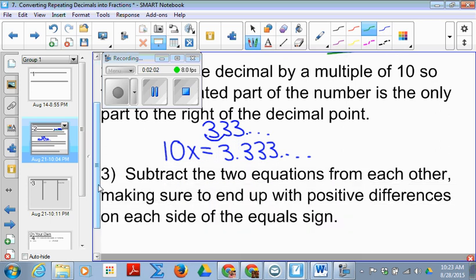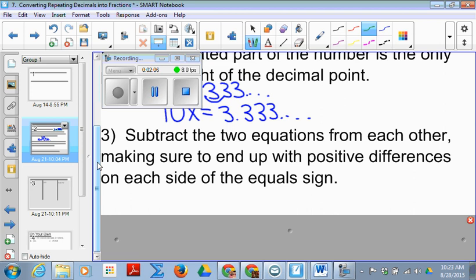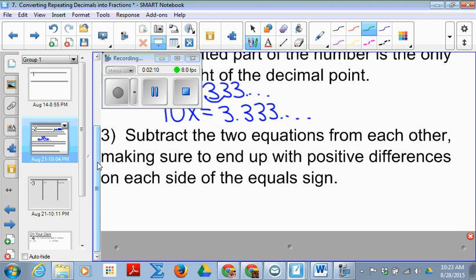Now we're going to subtract the two equations from each other. We're going to make sure we end up with a positive difference on each side of the sign. So we set up our 10x equals 3.33333 on top, and then the original value on the bottom.